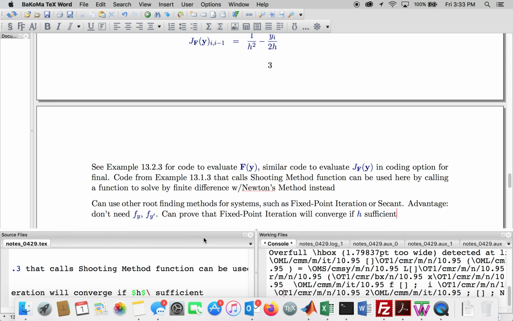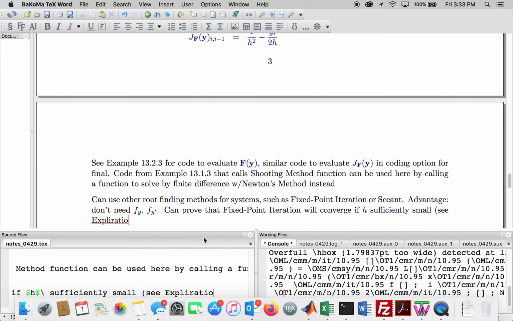That is not a problem that I assigned, but the details for 13.2.7 cover what assumptions need to be satisfied to guarantee convergence and how a fixed point iteration is set up.